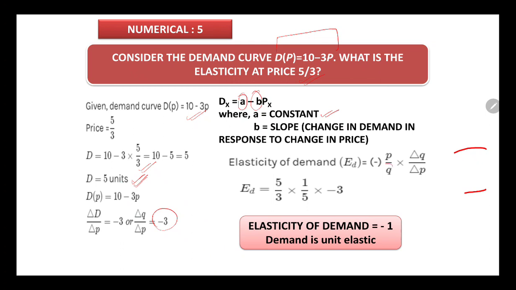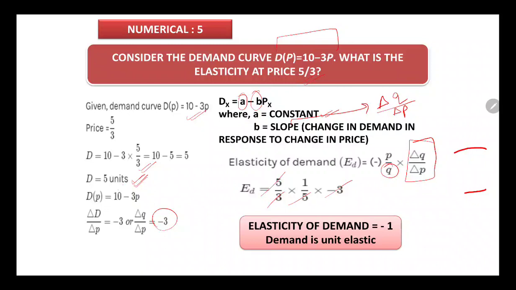Since the q is in the denominator, we'll put 1 by 5, otherwise our quantity is 5, and this is the slope. This b is nothing but the change in q upon change in p. This is also the way that we write the b portion. So in the equation it's a minus 3, so we put this value and we get the elasticity as 1 minus 1.